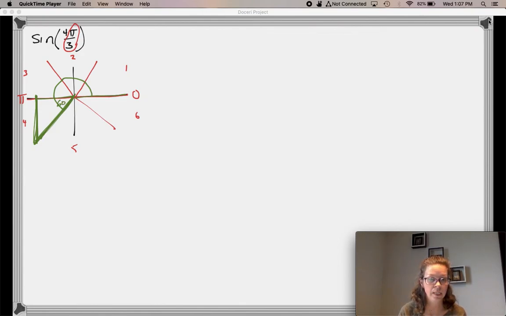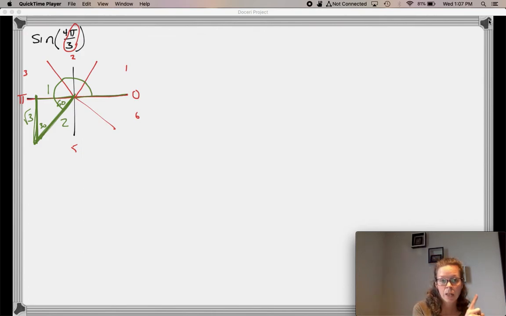So this is a 60-degree angle. So this is a 30, 60, 90 triangle. Across from the 30, which would be that angle down at the bottom, is the 1. The hypotenuse is 2. And across from the 60 is a square root of 3.